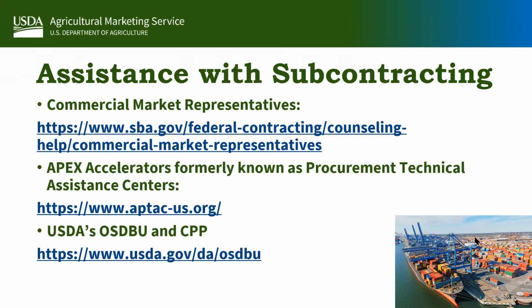Apex Accelerators are located all over the country and offer free assistance on government contracting. A lot of people assume that Apex Accelerators are only for small businesses, but that's not true. They also can assist large businesses in finding subcontracting opportunities and helping them with their subcontracting plan.